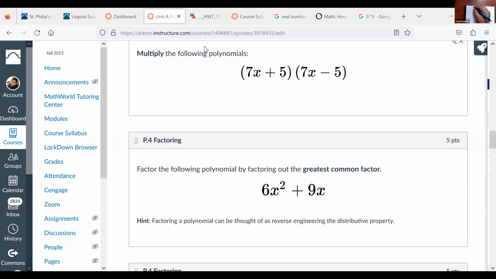This one's pretty basic too, but let's go ahead and do this one. Factor GCF. GCF of 6x squared plus 9x.